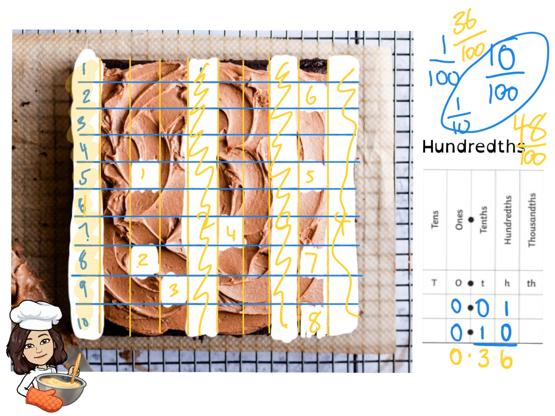Again, hopefully you're seeing the pattern. Haven't eaten a whole brownie yet. Haven't eaten the whole tin. So 0 wholes. I've eaten 4 full tenths. And then not quite another tenth. So I've got 8 hundredths there. So I've eaten 4 tenths and 8 hundredths, or 48 hundredths. They're both the same number.